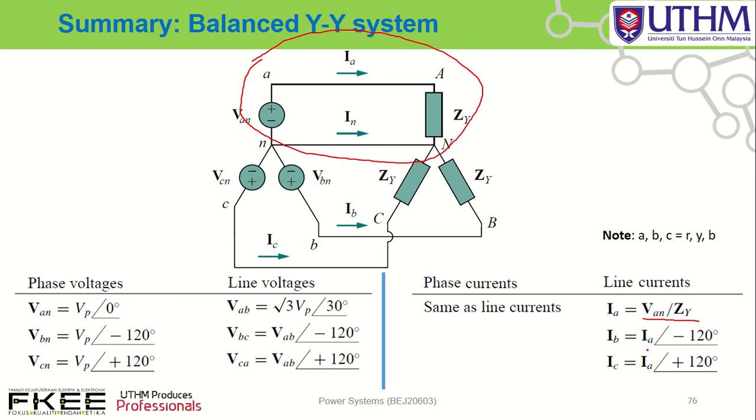The magnitude is the same as IA, but the difference is the phase angle: minus 120 degrees for IB, and for IC the phase angle is plus 120 degrees. That's the summary of the balanced YY system that we discussed in the previous lecture.